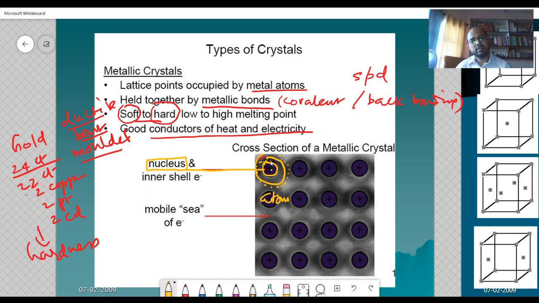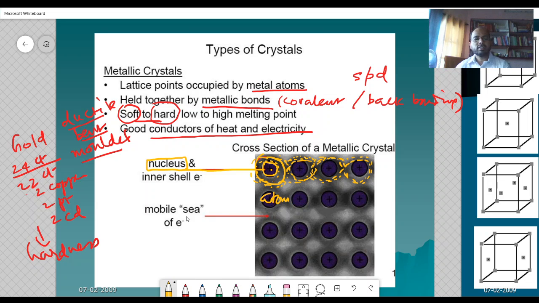But because they are packed very closely, this electronic movement can go here. When this electron goes there, an electron belonging to this atom may come here. And this may go here and this may come here, like this. You can have your movement of the electrons like this.